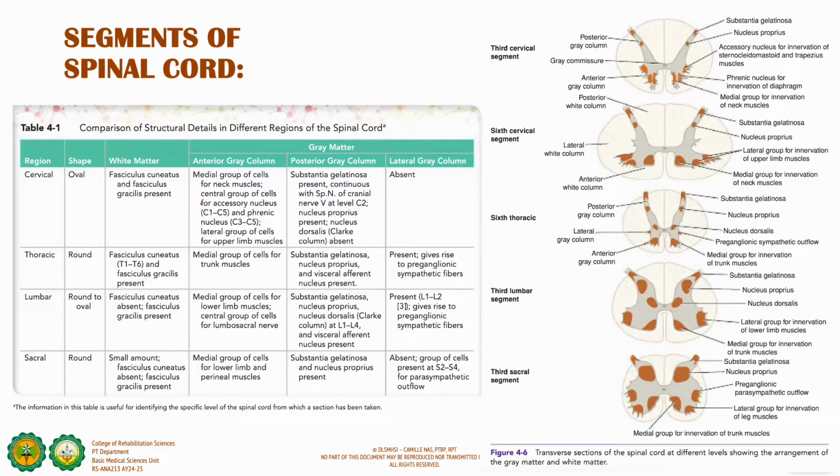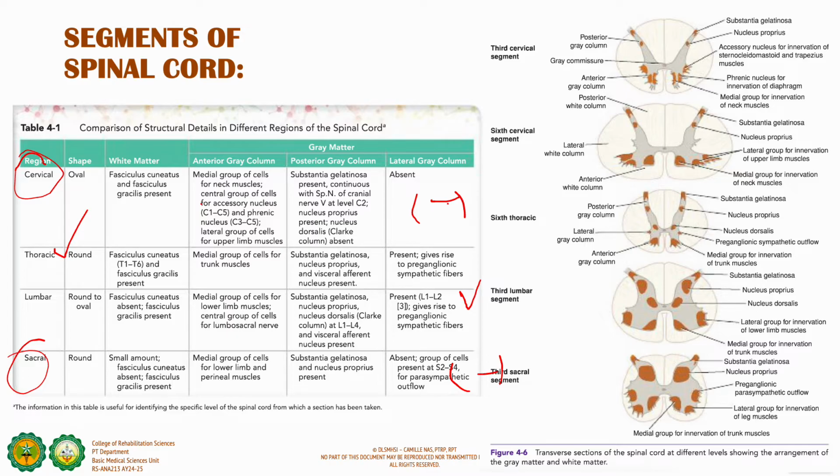And then the cervical and the sacral, these two, have no lateral gray column. Negative, negative. Because we've mentioned that the lateral gray column is only present in the thoracic and upper lumbar segments.